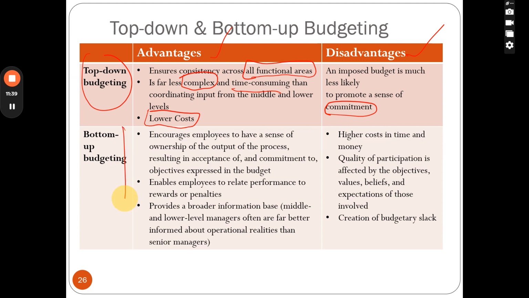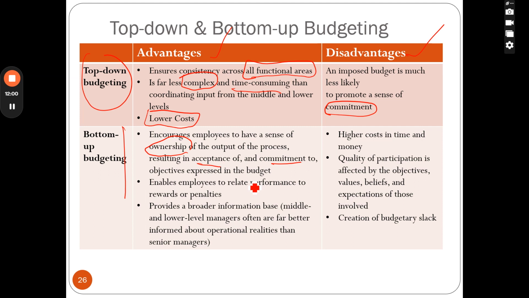Then we have bottom up budgeting, or what we call participatory budgeting. This encourages employees to have a sense of ownership because employees prepared this. So they will accept it and they will be committed towards this budget.